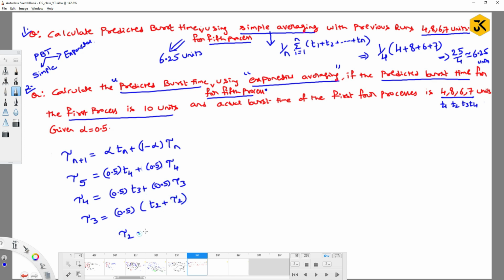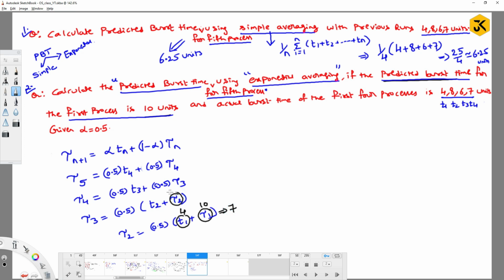What is tau 2? 0.5 into t1 plus tau 1. This is where we can stop. What is tau 1? They have given it clearly: the predicted burst time of the first process is 10 units, so tau 1 is 10. T1 will be 4, so tau 2 is 14 by 2, that is 7 units.